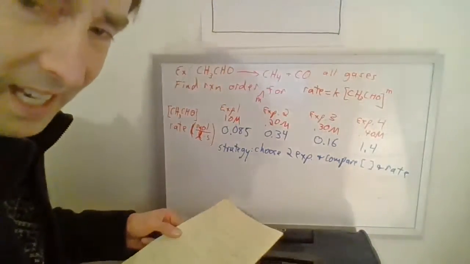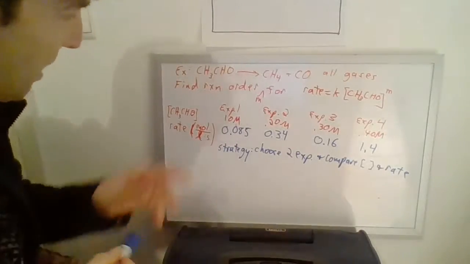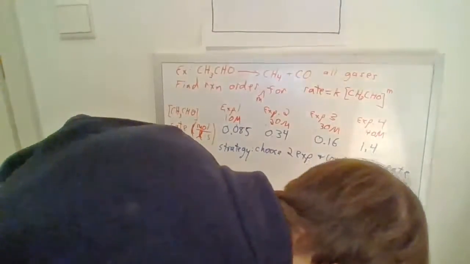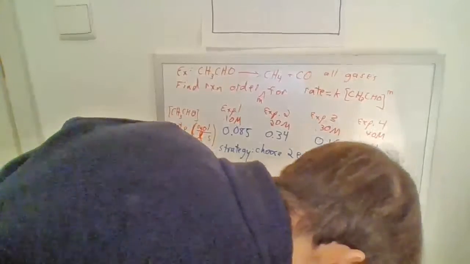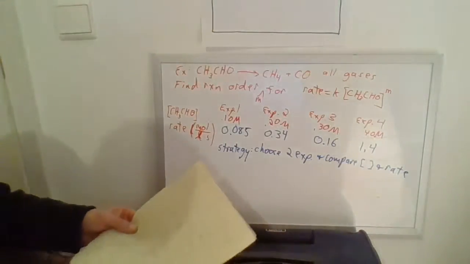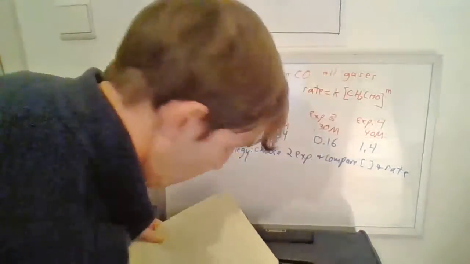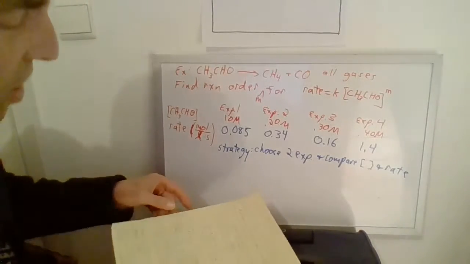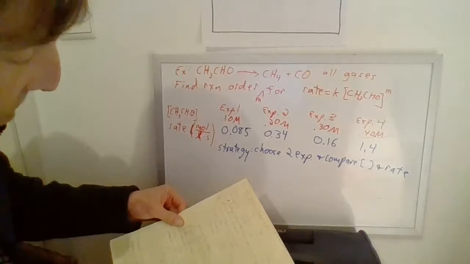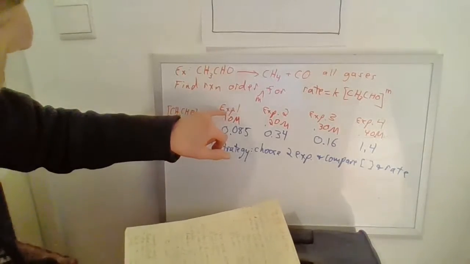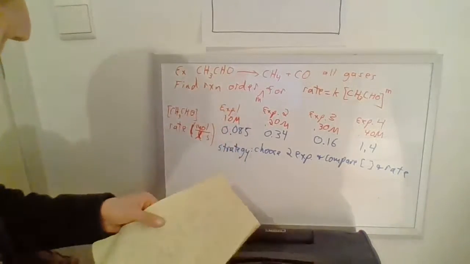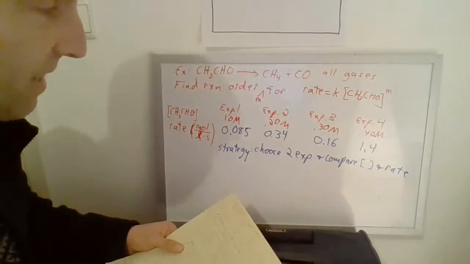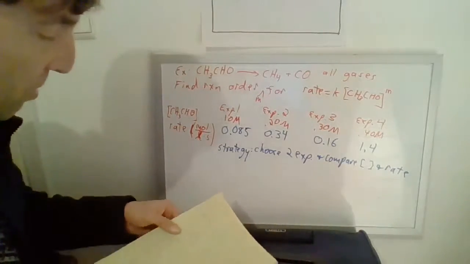I'm going to try and write kind of small so I can keep these numbers on here for you. Sorry, I can read it if you can't see it, but I hope you'll be able to. So let's stay with blue a little bit. I don't know any better, so I'm just going to compare 1 and 2, experiment 1 with experiment 2. But you could use really any of them mathematically.